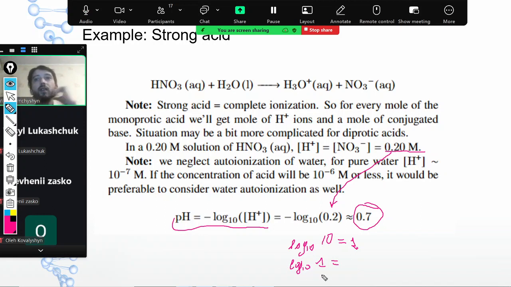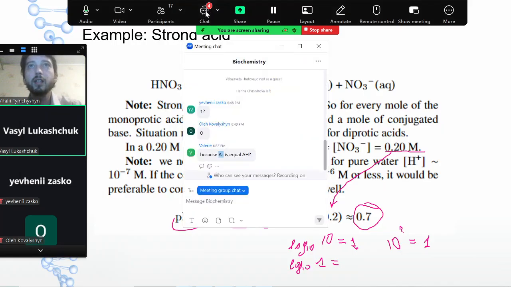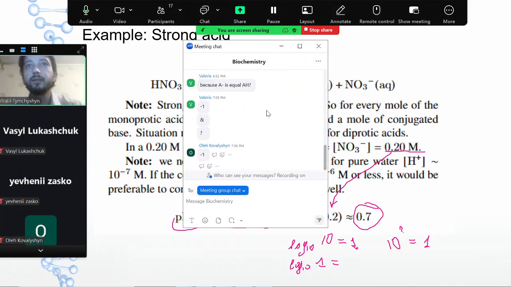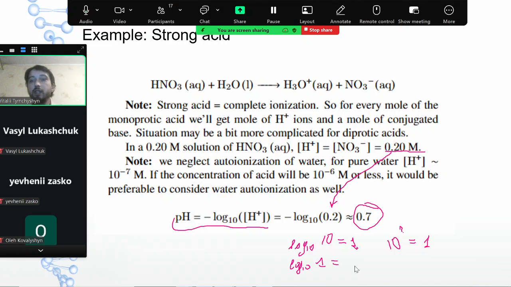What should be the power of 10 so I can get 1? Oh, 0? Yes, it's 0. Absolutely correct. It should be 0, so the logarithm of 1 is equal to 0.